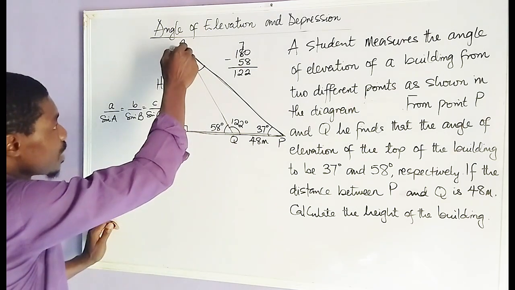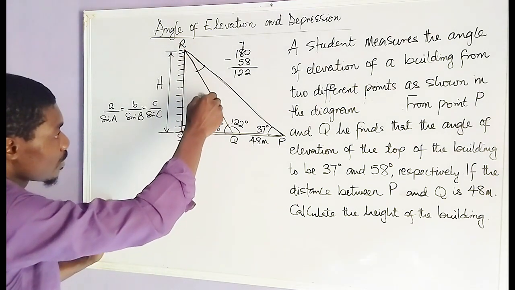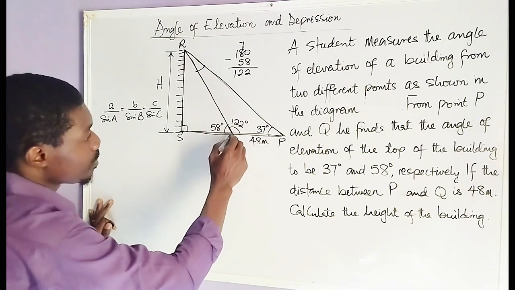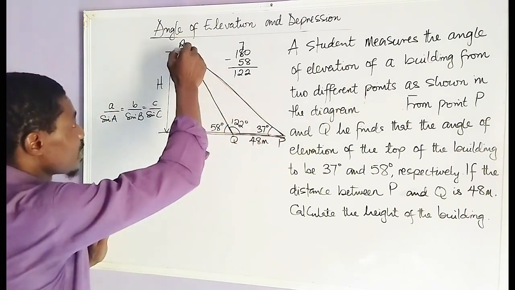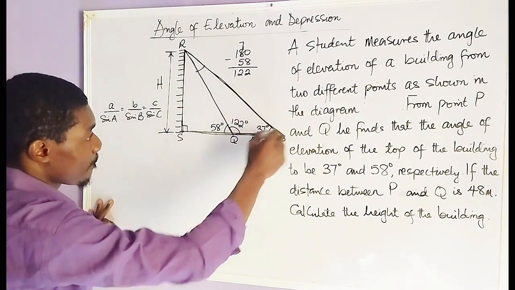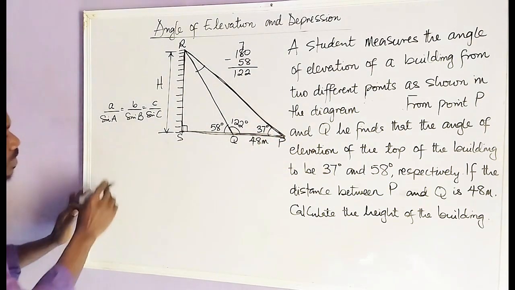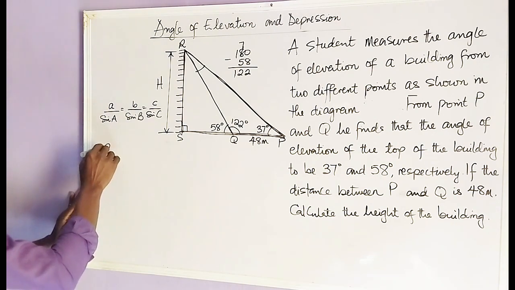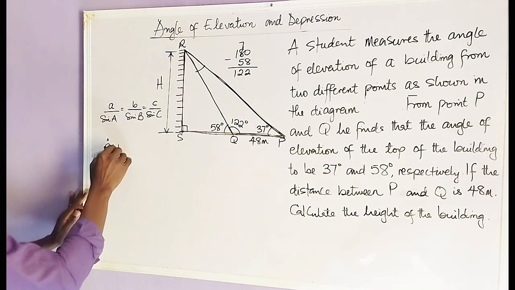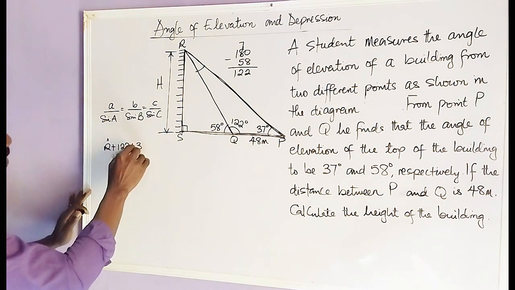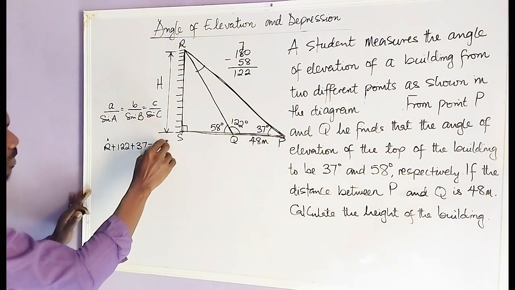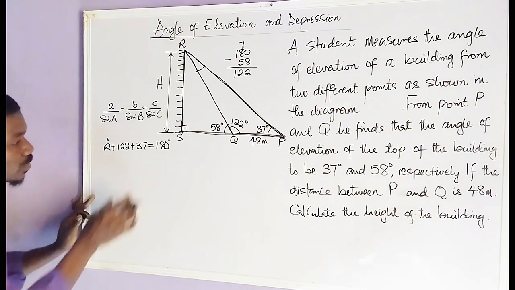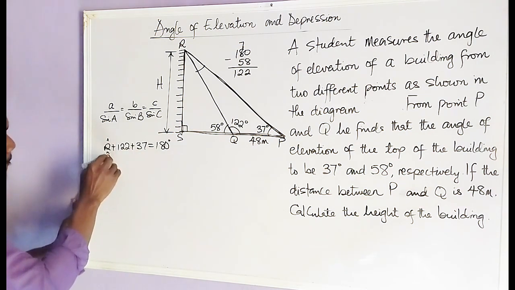So considering this triangle RQP, we conclude that R plus 122 plus 37 equals 180 degrees.